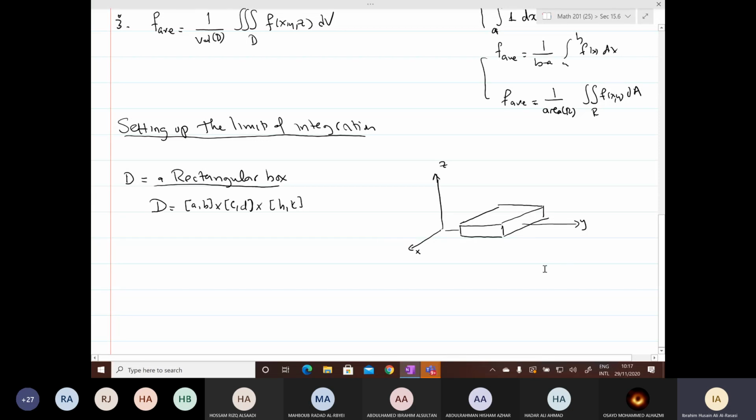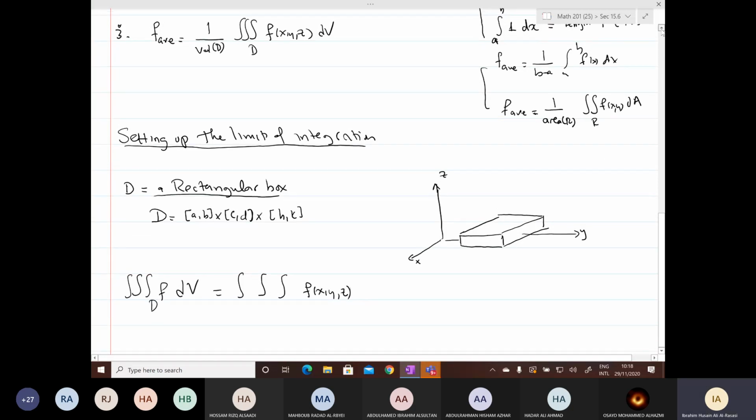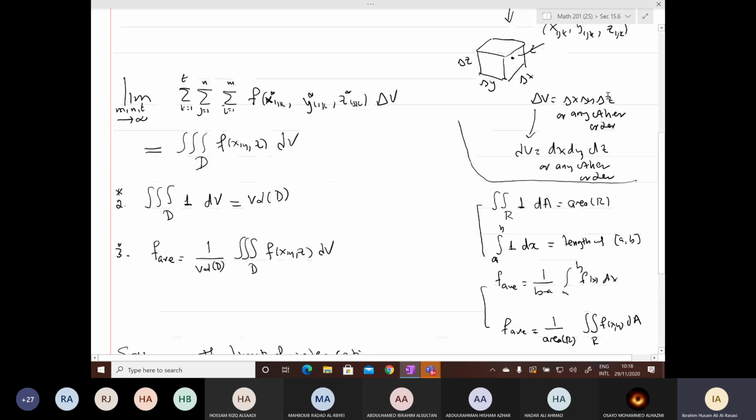Now in this case, how to set up the limits of integration? Triple integral over D of f(x, y, z) dV. We need to know what dV is here. As above, dV can be given as dx dy dz or any other order.